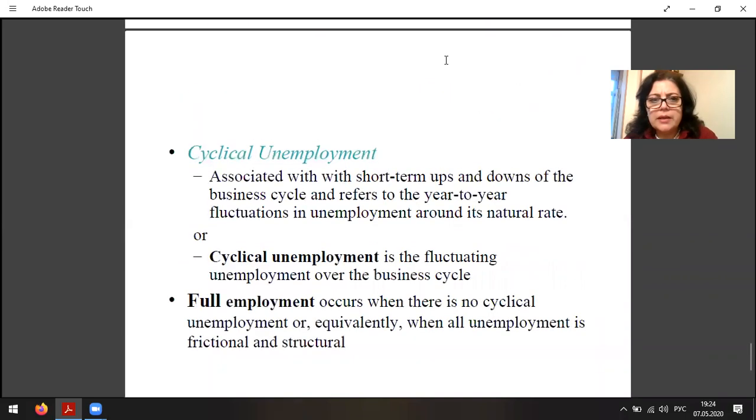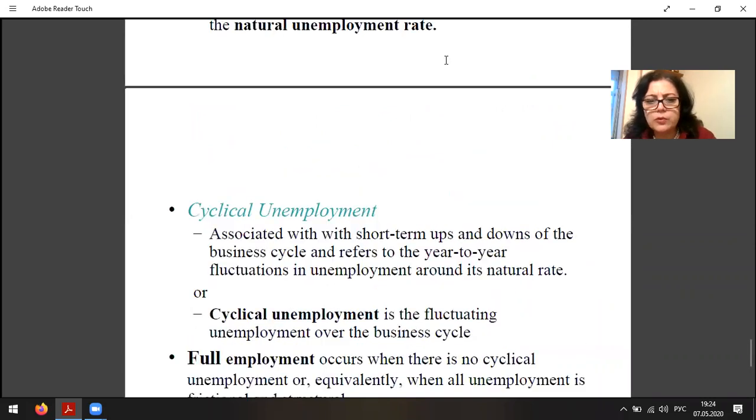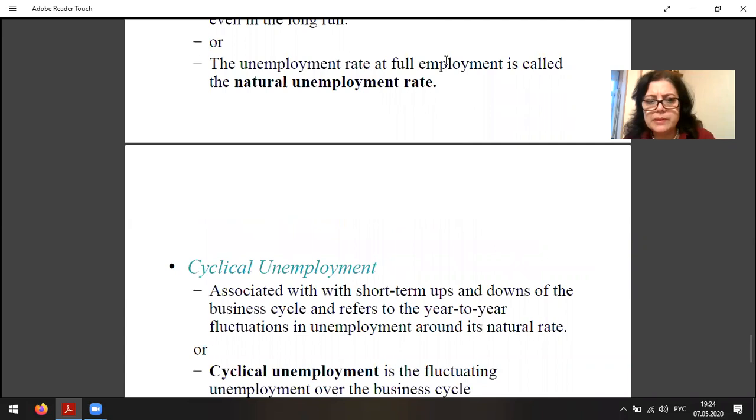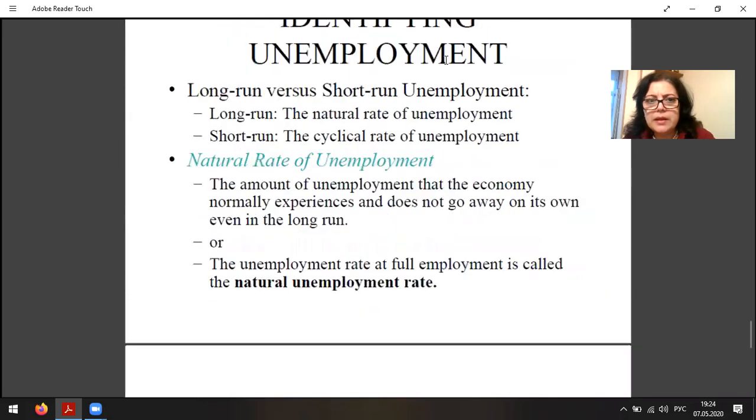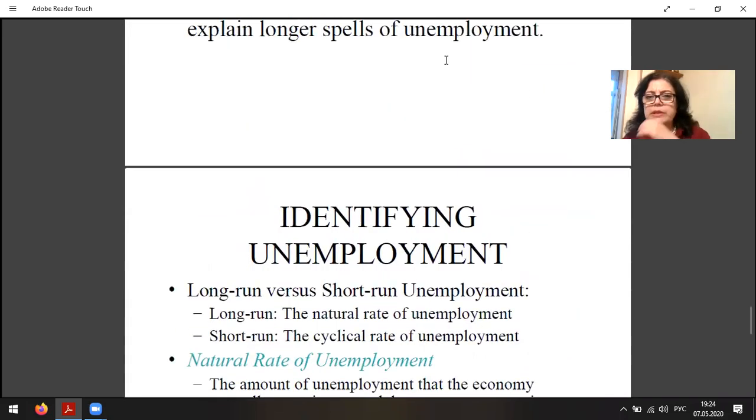Okay, so except for these new facts, I would like to summarize the types of unemployment we discussed in the previous lesson as well: frictional unemployment, structural unemployment, and cyclical unemployment.